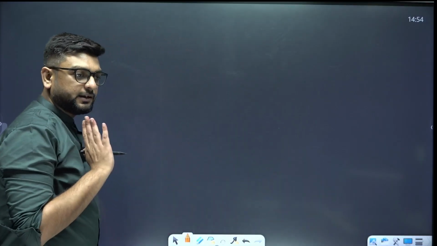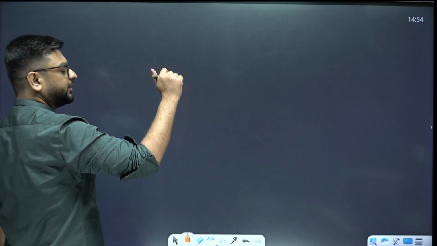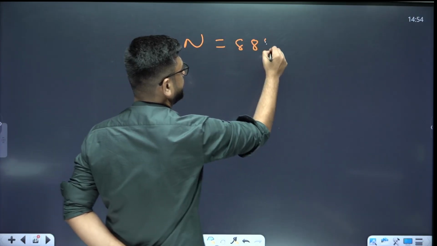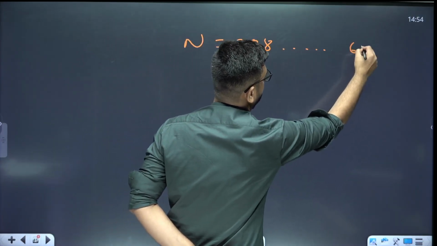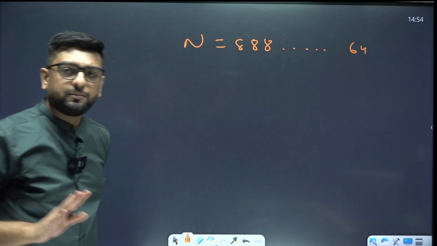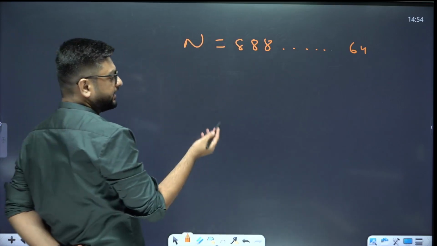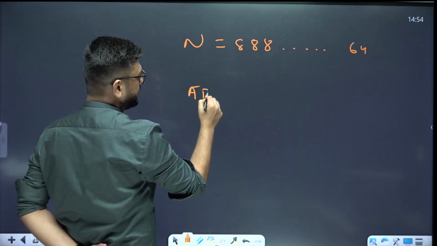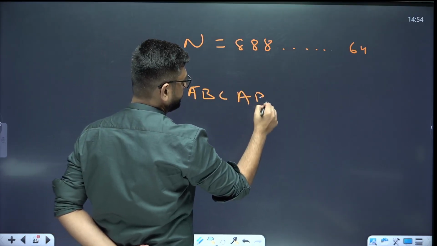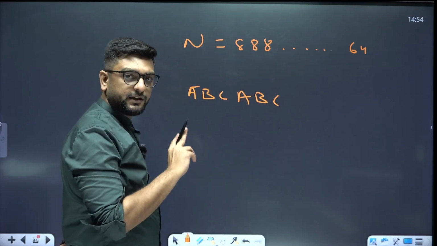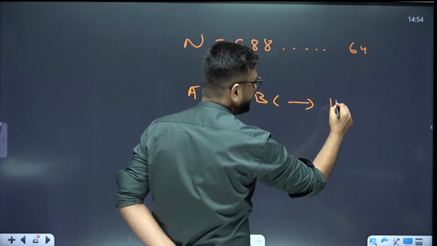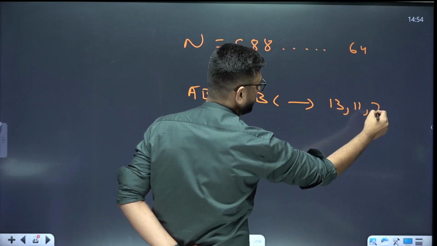See, if a number is written how many times? 64 times. So n is 8, 8, 8 written 64 times. Now we have learned that any number of the form ABC ABC is divisible by 13, 11 and 7.